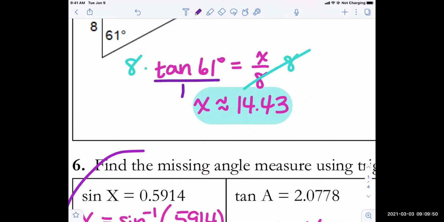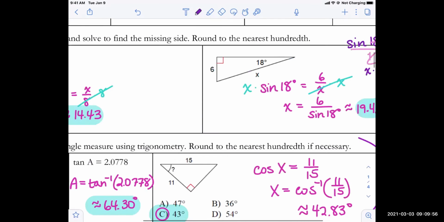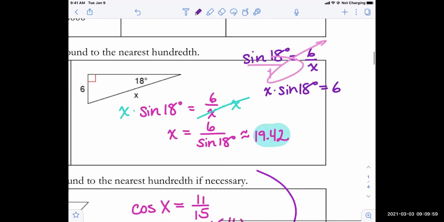You can also do it on that one and cross multiply. If putting that into a proportion form is simpler, then just do that. Instead of thinking about getting rid of the fraction, it's going to give you the same answer in the end. Like here, we'd have 6 divided by sine of 18. Especially on the one where the variable's in the denominator, sometimes we get a little confused on how to solve that.